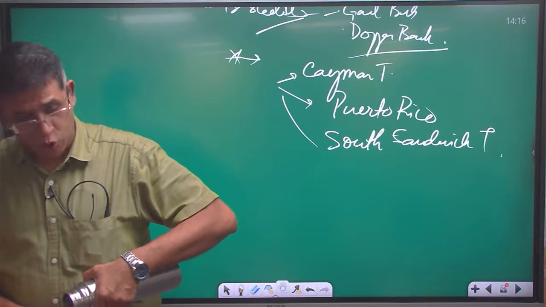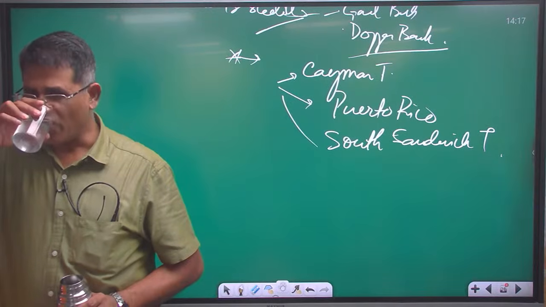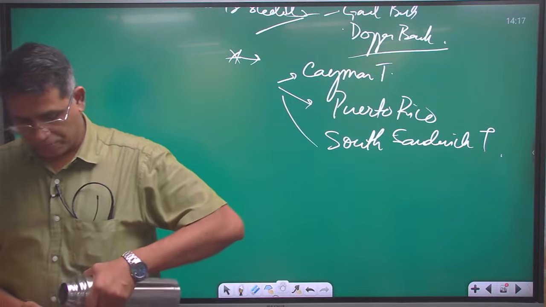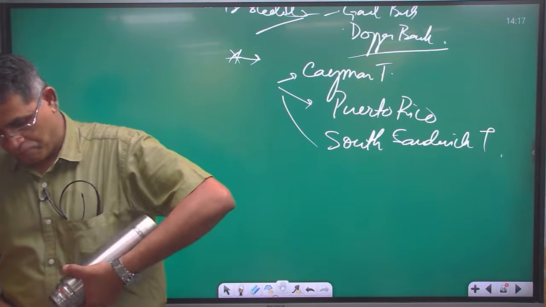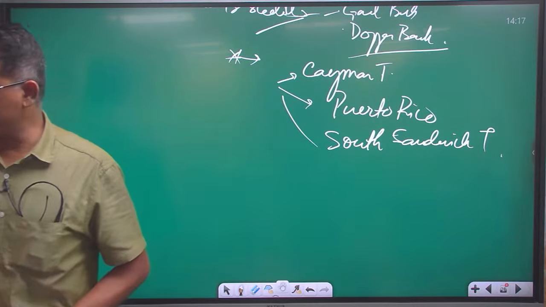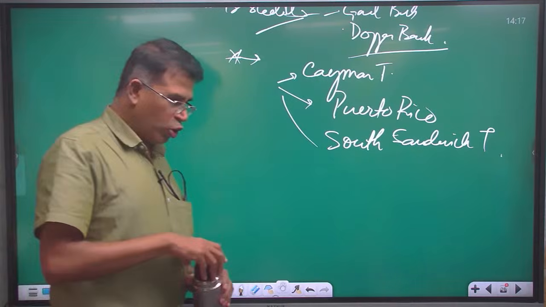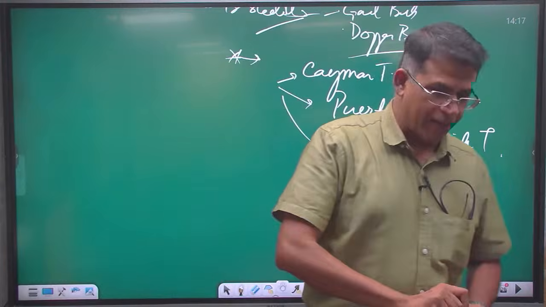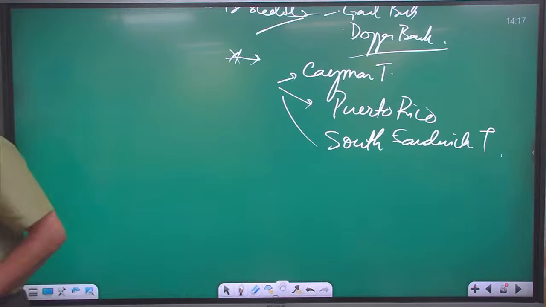It includes the oceanic parts of North American, South American, African and Eurasian plate.